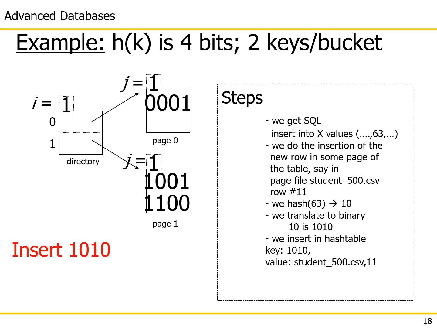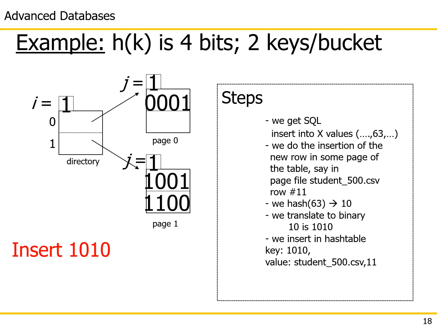So to work with the extensible hash table, as I mentioned before, we're going to hash 63. Let's say the output of the hashing function is 10. Now, there's no relation between the input to the hashing function and the output, except that it's a mathematical mapping from one input domain to some output domain. So we get the number 10 in decimal.